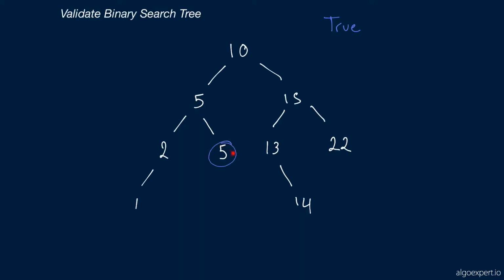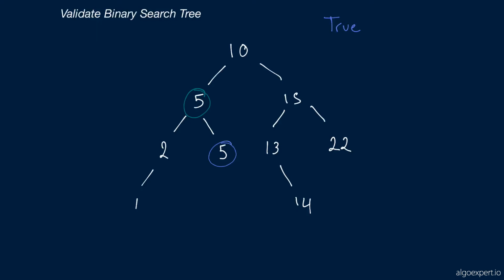Because this node here is the right child of this node, which is also a 5. So I'm going to circle this 5 here. This purple circle node is the right child of this green circle node. In other words, the value of this node has to be greater than or equal to the value of this node. Therefore, its minimum value is going to be 5.